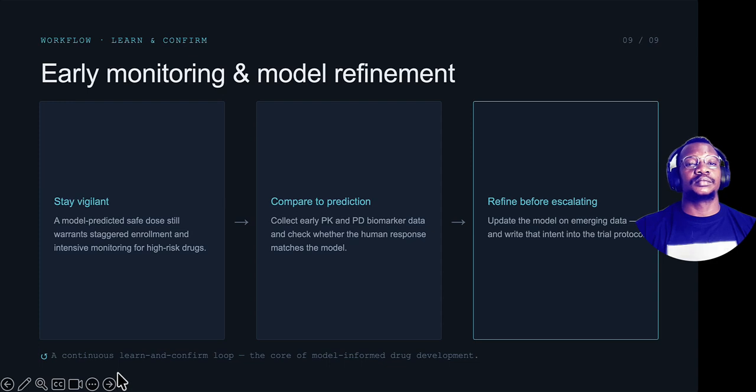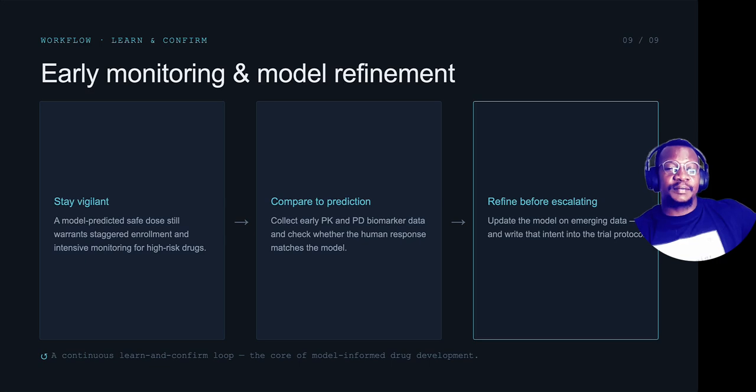Then part of the monitoring is comparing what you're getting with established studies and with your prediction. For example, you collect early pharmacokinetic and pharmacodynamic biomarker data and check whether the human response matches the model, what your model told you, or what results you got from that model.